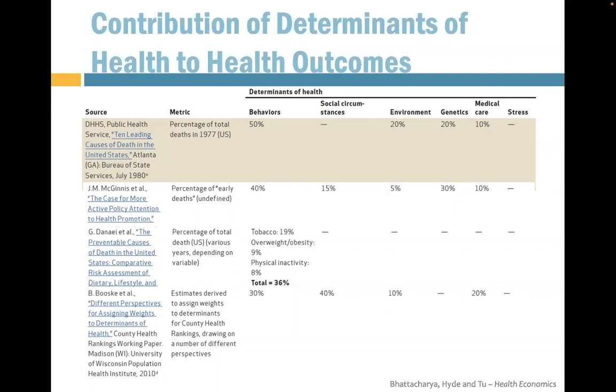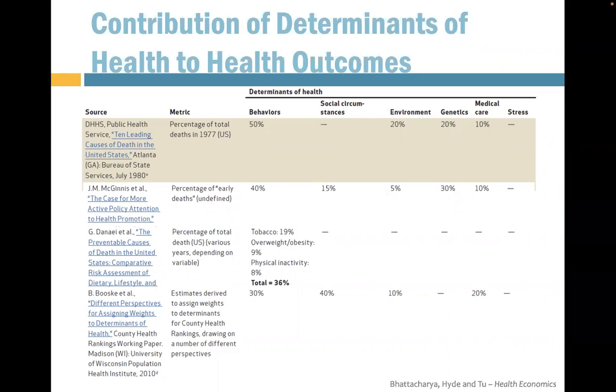The second one is social circumstances. We'll talk more about social circumstances in the next chapter, but some studies don't even include that. Some studies think it's 15%, some studies think it's 40%. So is it more of a determinant or more of a correlation? There will be more discussion about that in the next chapter.